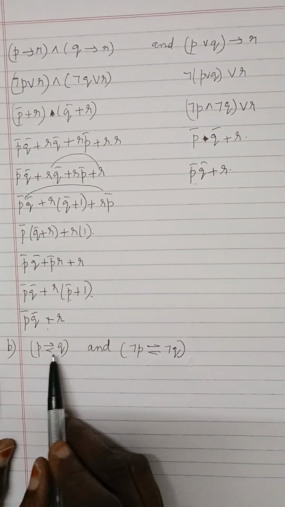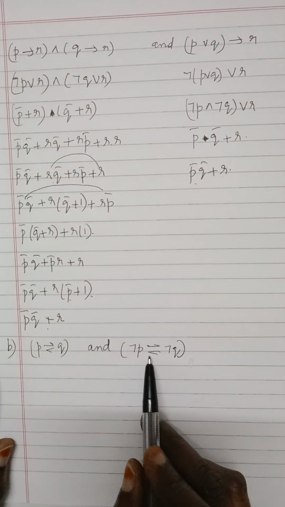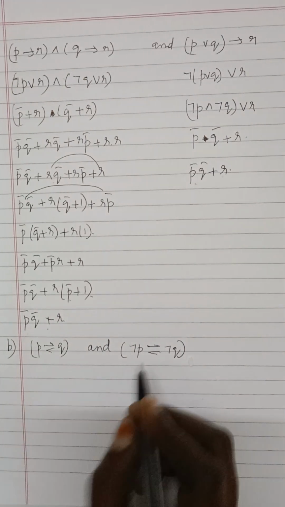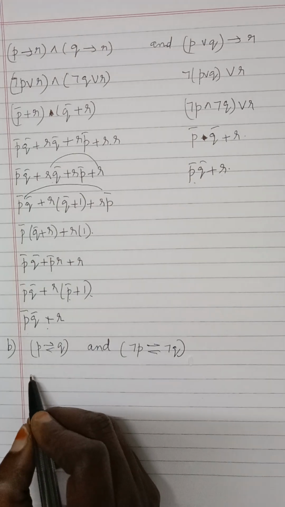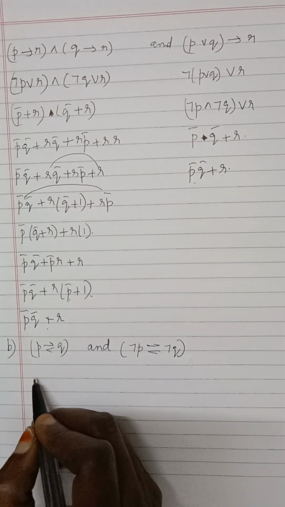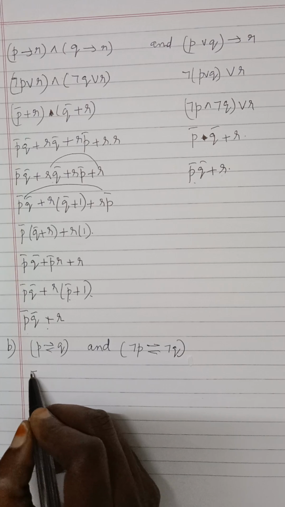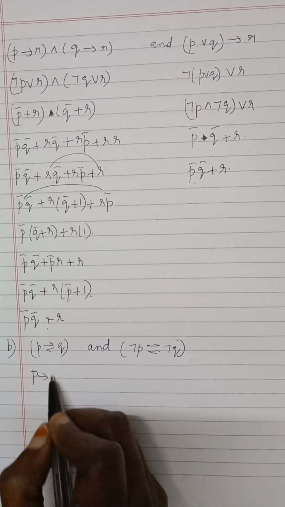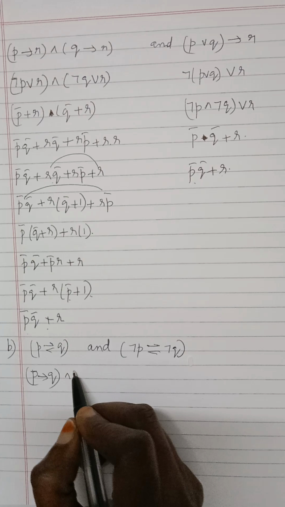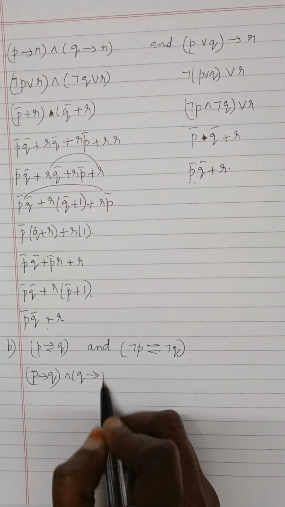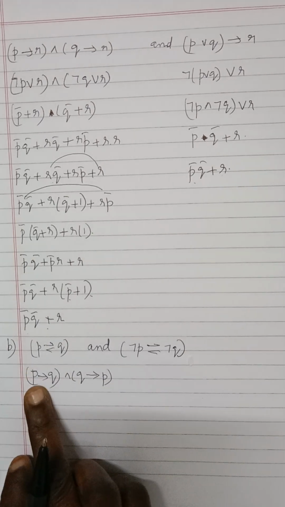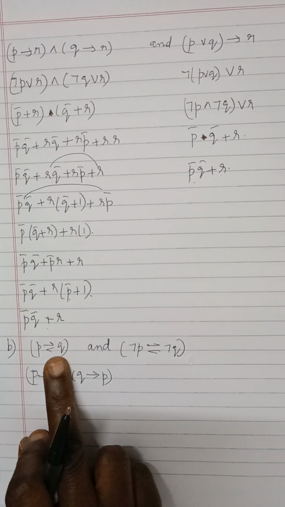Next: P double implies Q, and not P double implies not Q. So we'll check the left hand side first. See, P double implies Q means P implies Q and Q implies P. This is the meaning of double implies.